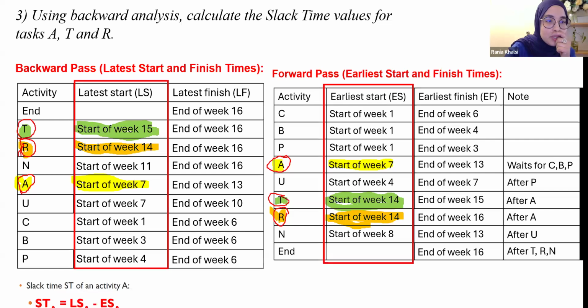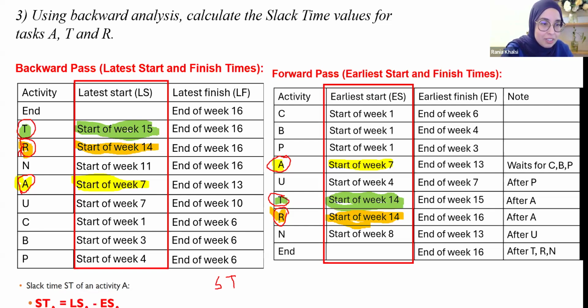So I will compute the slack time for which activity? T. It's very difficult to write with this, by the way. I keep saying this in all my recordings.